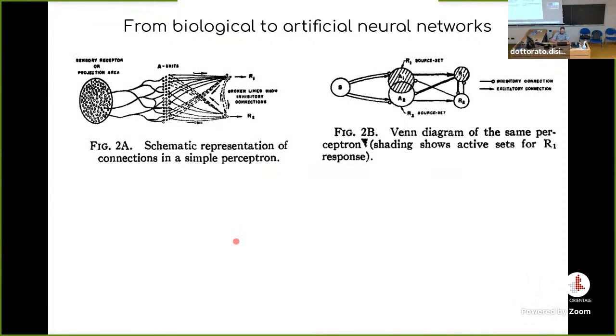So this is, for example, an example of how, from a really simplistic representation of a real neuronal network, the key elements could be captured and schematized.